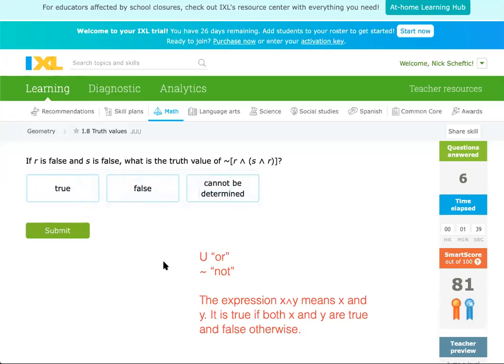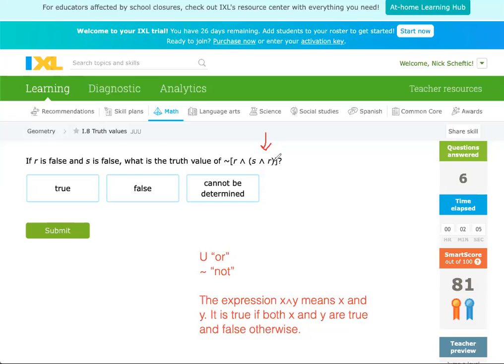Okay, let's jump ahead again. If r is false and s is false, what is the truth value of not, parentheses, r or s, and, in parentheses, s and r? Okay, so let's start all the way over here. Let me get my pen out so you can see. So I'm looking at this right here.